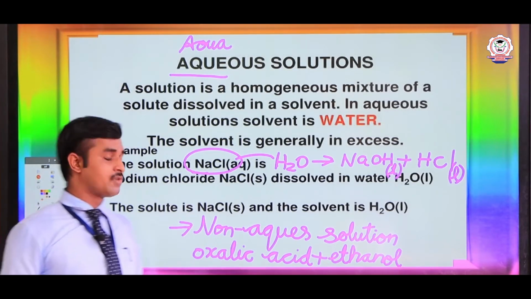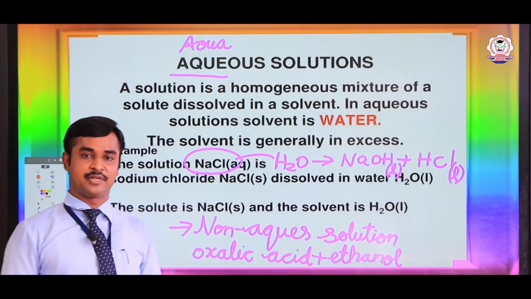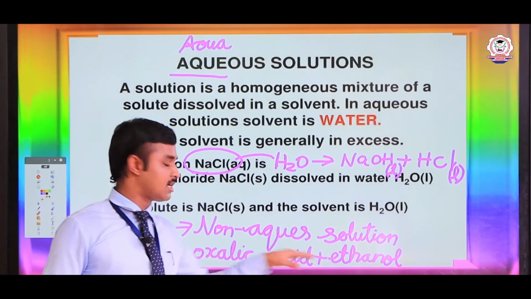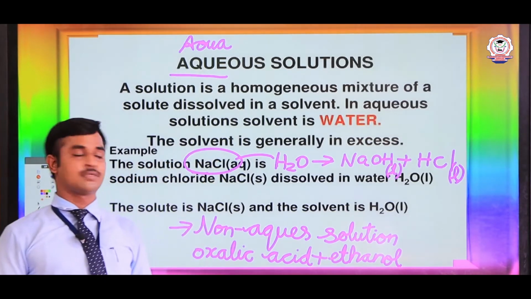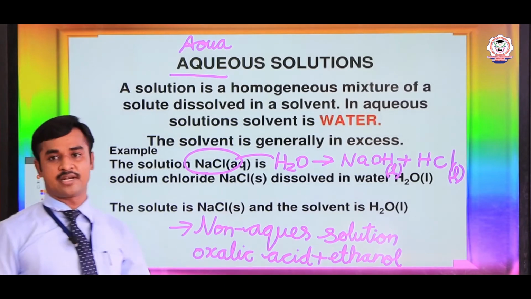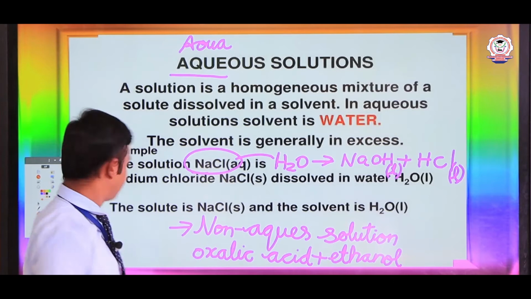This organic compound will not dissolve in the water medium, because water is an inorganic medium. So, when it is dissolved in the organic solvent ethanol, it dissolves completely. An organic solution is prepared. This type of solution is an example of a non-aqueous solution.